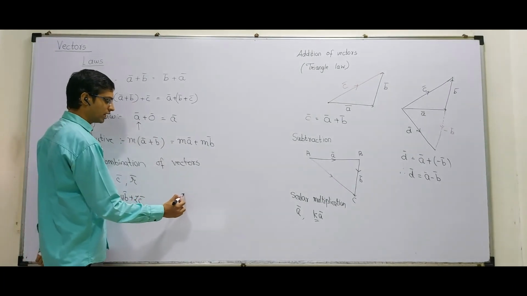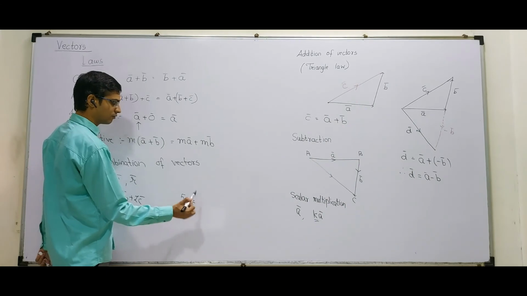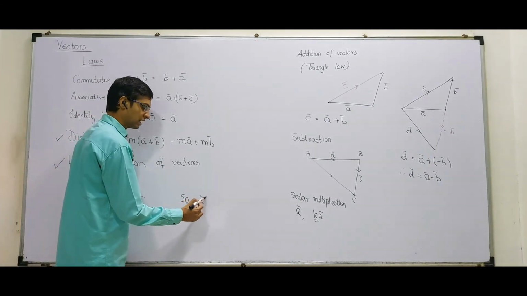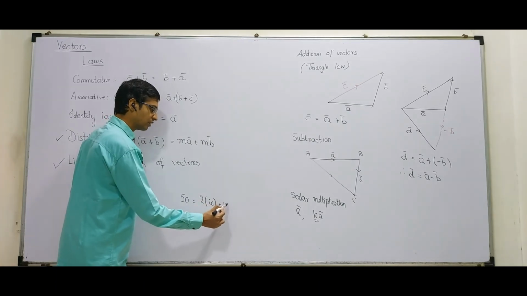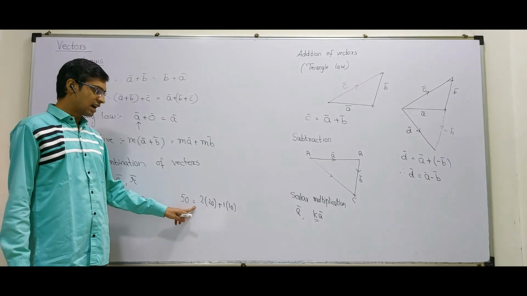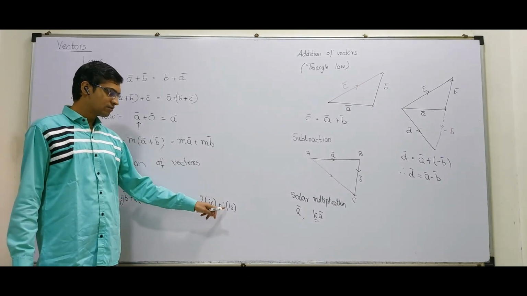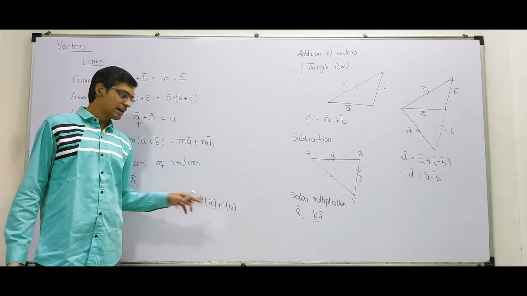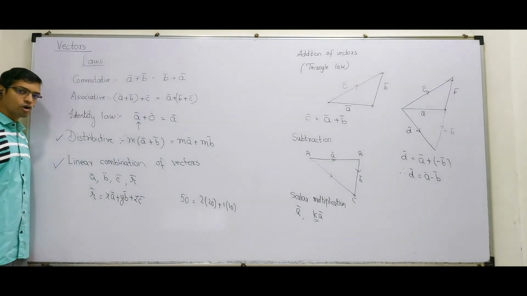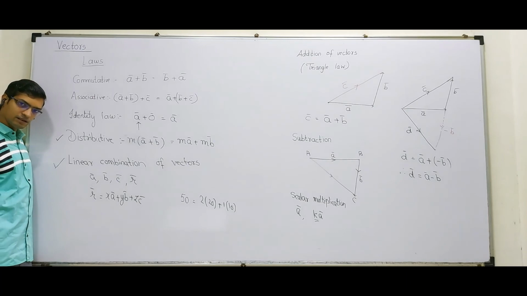Example: I want to write 50 rupees as a linear combination. How can I write? 2 times 20 plus 1 times 10 rupee note. So R bar is expressed as x A bar plus y B bar. Hence it is a linear combination. Clear?